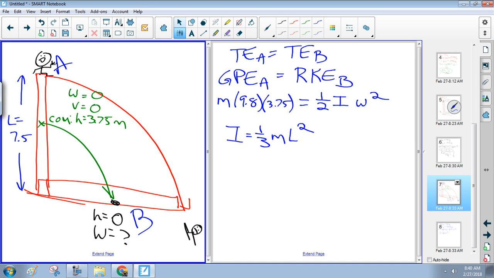Say that again? How would you know to use the thin rod instead of just like... Oh, I gotcha, because you're thinking it's a cylinder the tall way. Because the solid cylinder, look where the axis is. So you're thinking it's like this, right? But the axis runs up through the middle, so that would only be if it was spinning this way. Because it's pivoted around the end. Does that make sense?